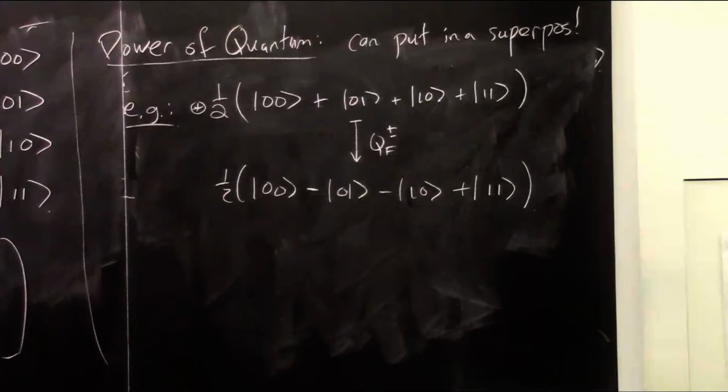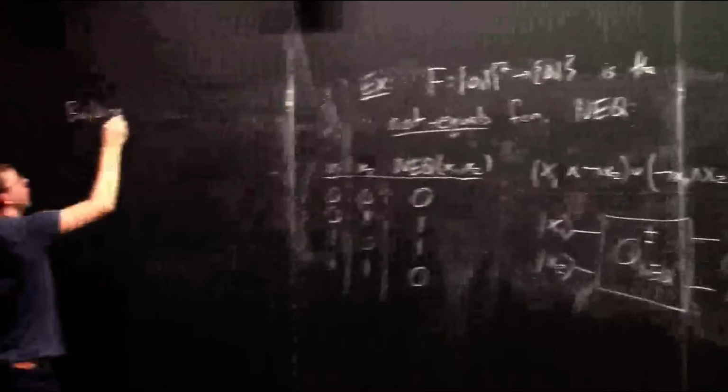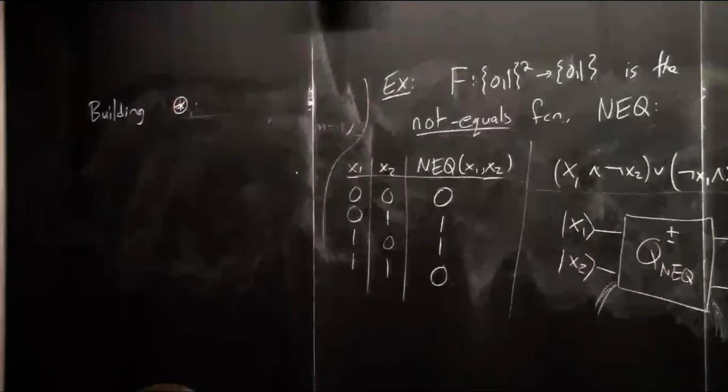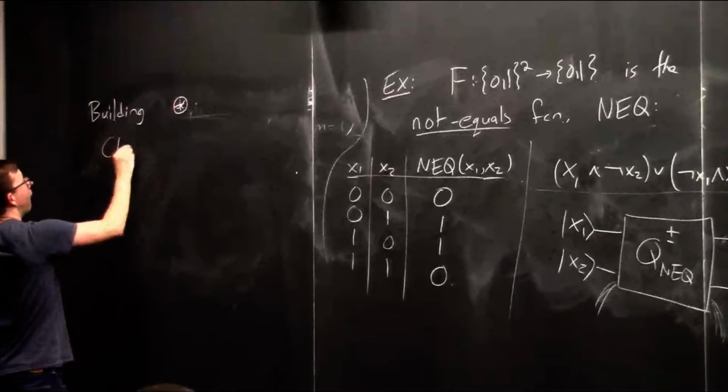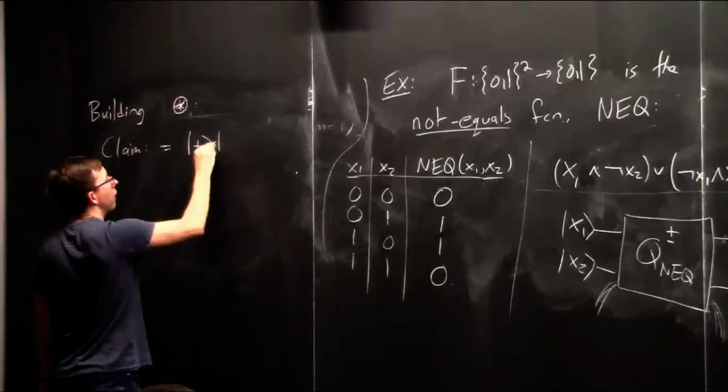Let's check that. So let's do a quick aside to ask, how do we first build this equal superposition state, star? Well, I claim that it's equal to plus tensored with plus.